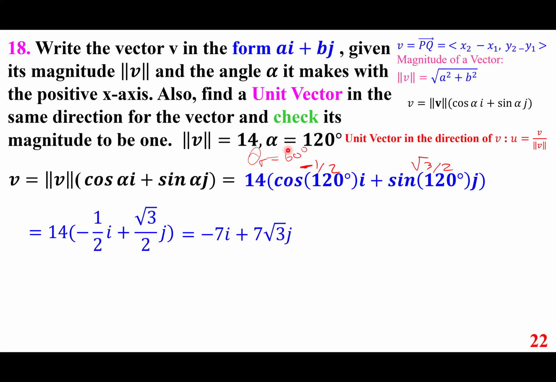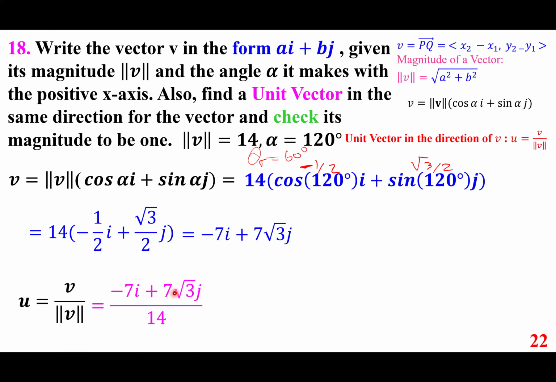And we did that because when we come up with the unit vector, that means we have to divide this by the magnitude 14. And so you can get rid of the 14 and change it to 2. This becomes -1.